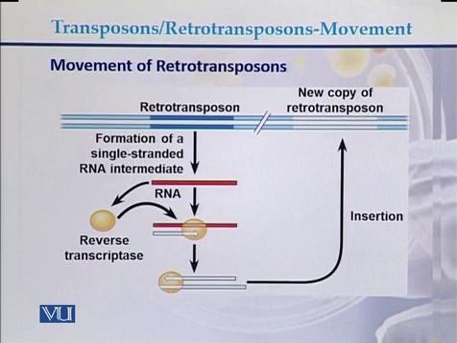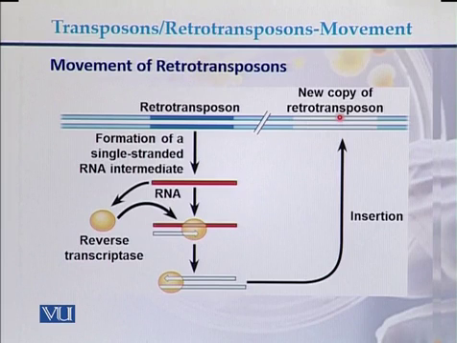While on the other hand, movement of retrotransposons. If there is a retrotransposon on the genome, and this DNA is first converted into RNA, and then with the help of reverse transcriptase, RNA is converted into DNA, and then this DNA is integrated or inserted into another location of the genome, then it is called a retrotransposon.